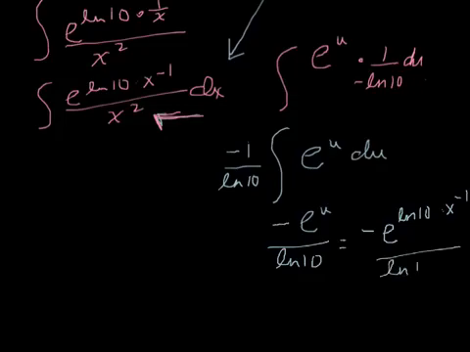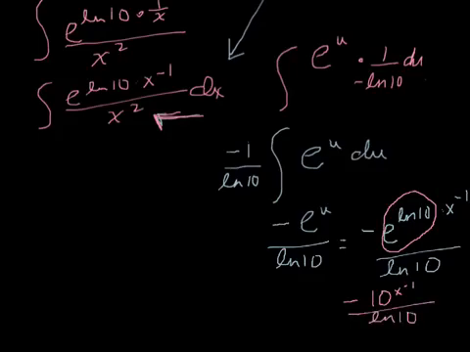And then your last bit of cleanup, this e to the natural log of 10, remember that's how you started. That used to be the number 10, so you have to make it number 10 again. So it's negative 10 to the x to the negative 1 power over the natural log of 10.